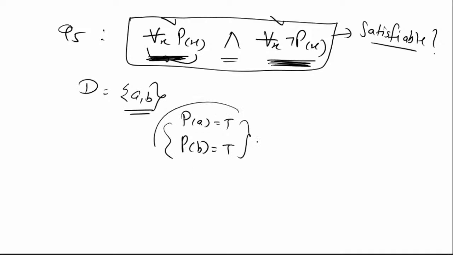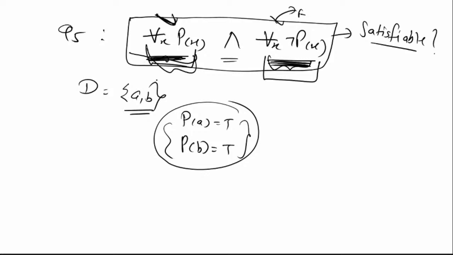But if I do this, then this will become true, but this will become false, because if P is true for every element, then for all x negation Px will become false. So if I try to make this true, then this will become false. And if I want to make this true, then this will become false. So that is the point.